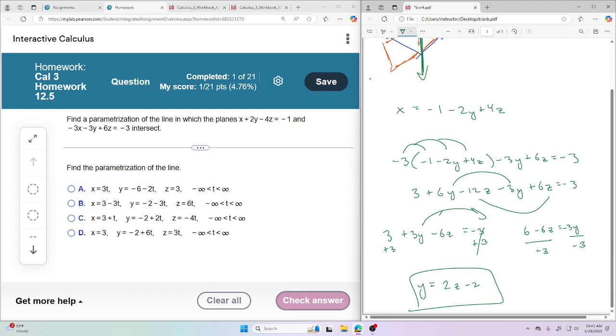Okay, cool. What if I plug this in right there? Whoa. Why are you doing that, Chad? Because I already have x equals, and I hope it's going to look pretty.